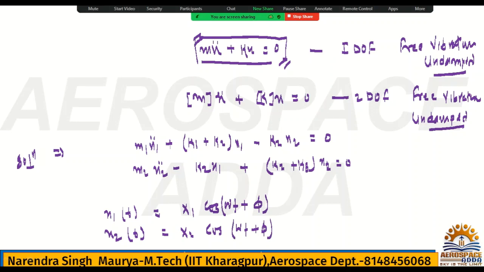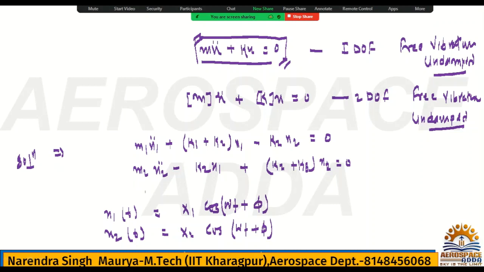Here we have x1 double dot and x2 double dot, so we can differentiate this. x1 dot means we have to differentiate with respect to time t, not with respect to x. Similarly, x2 dot means we differentiate this function with respect to time t. And for x1 double dot, you differentiate again.